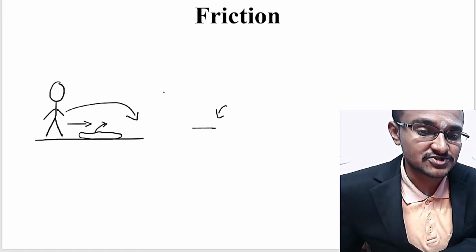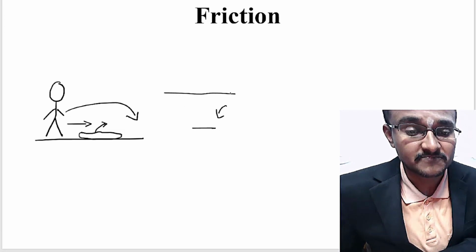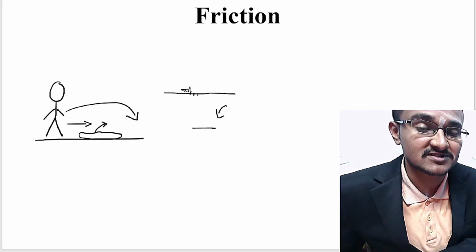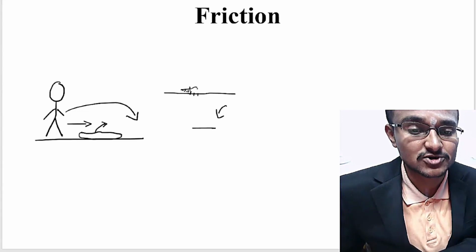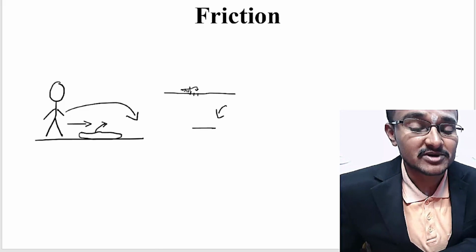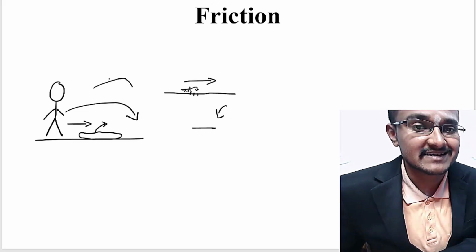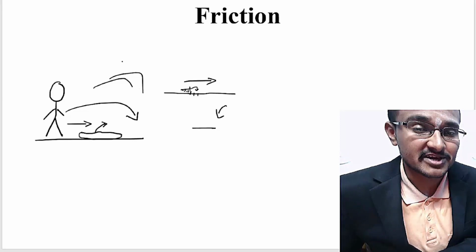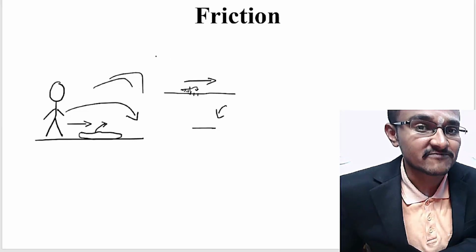When this person was walking on this road, the friction of the road was supporting the sole of his slippers. Now that friction has reduced because the sole of his shoes has been placed on a banana peel or an oil spilled area. So because the friction has reduced, this person will not get balance properly to walk on this floor and he might fall on the road. This shows that even while walking, friction is very important for us.